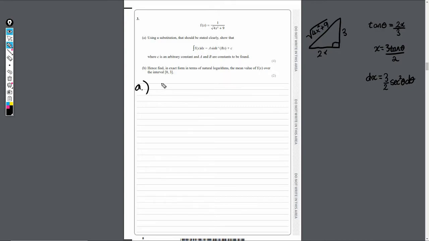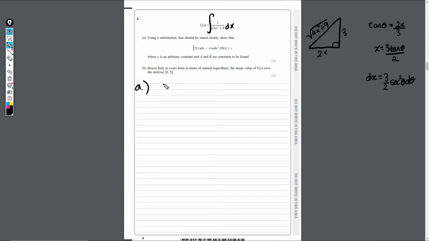So, going over here, I'm integrating f of x with respect to x, so it'd be the integral now of this dx. Okay, so integrating this now, all I'm going to do is substitute my x equals into here, and I'm going to put dx on the numerator.